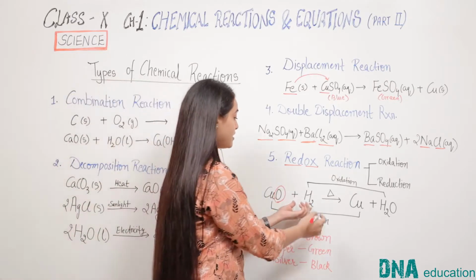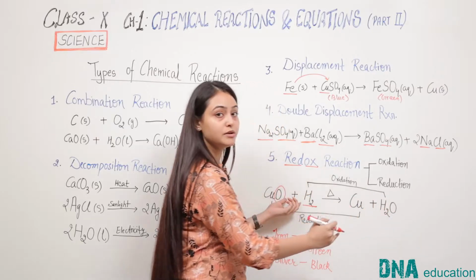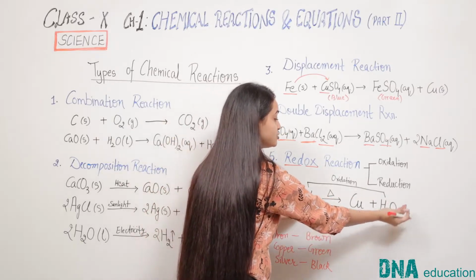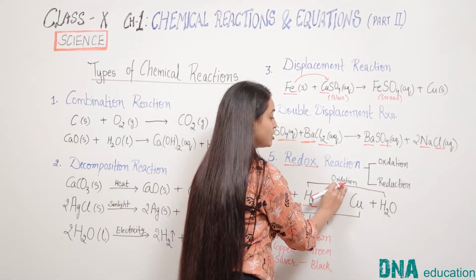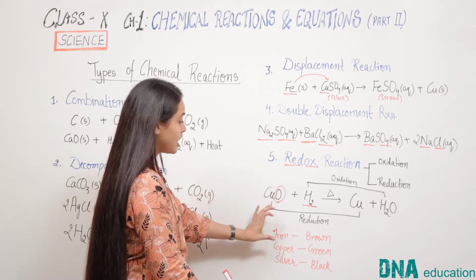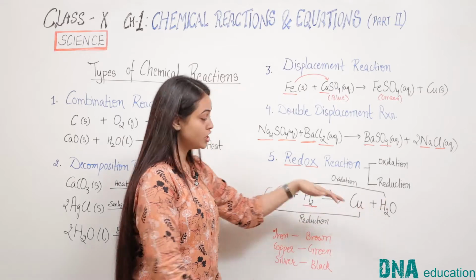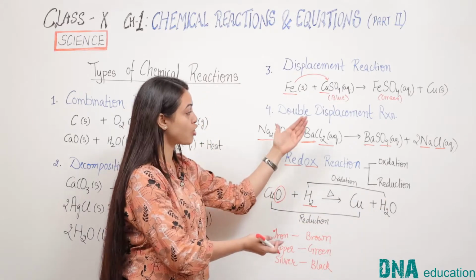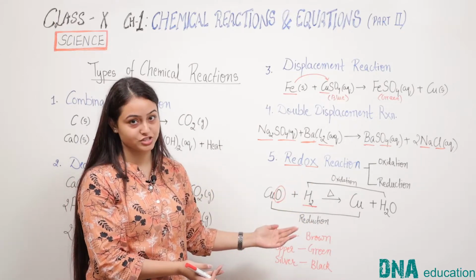Now, see here, this is hydrogen and it changes to H2O in the products. So we see that oxygen is added in this part, and hence this part indicates the oxidation. So in a single reaction, one compound undergoes reduction and one compound undergoes oxidation. So this type of reaction is called an oxidation reduction reaction, or in short, redox reaction.